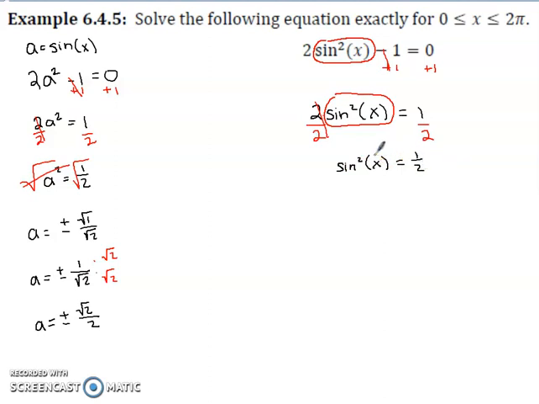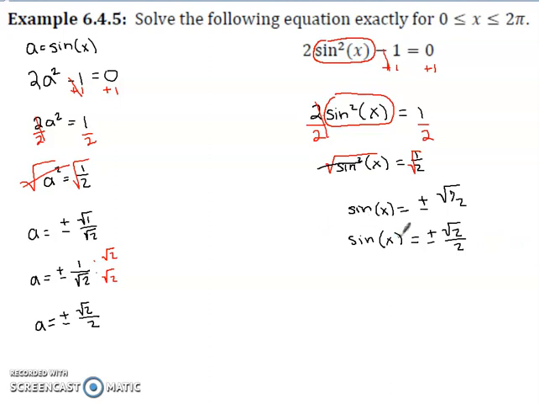Now, just like I square rooted my a, I'm going to square root my sine. Sine is being squared, and I want to know what just sine equals, so I need to square root both sides so that I have just sine of x is equal to positive or negative square root of 1/2. And I will simplify and rationalize just like we did on the left to get positive or negative square root of 2 over 2.